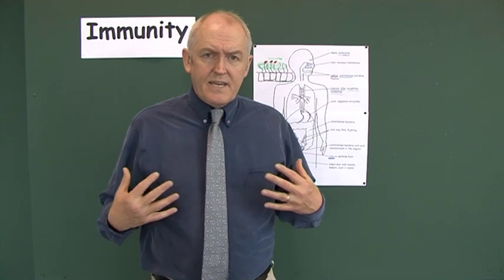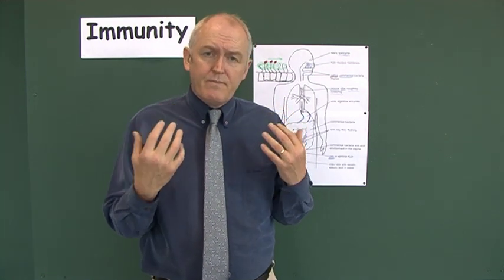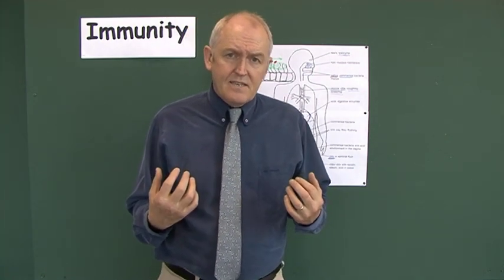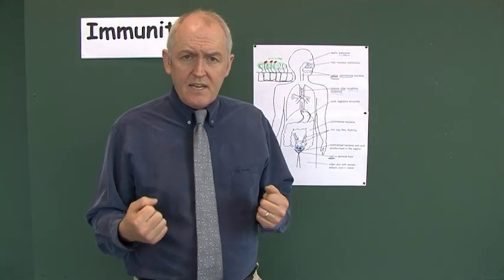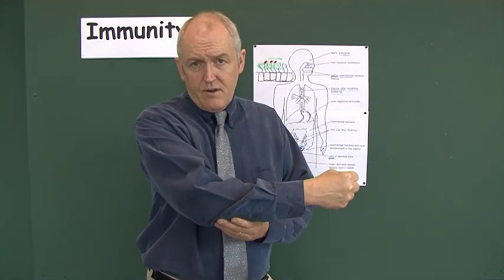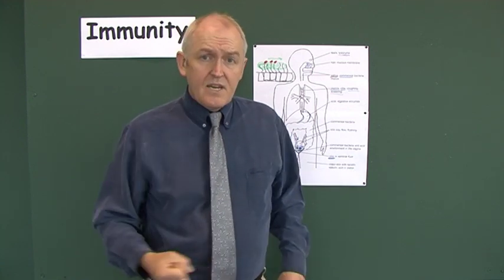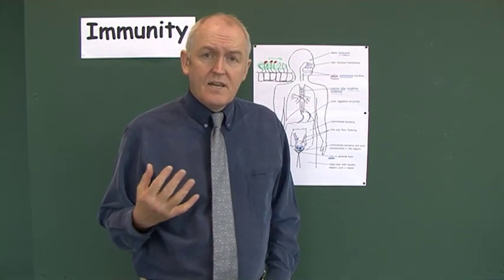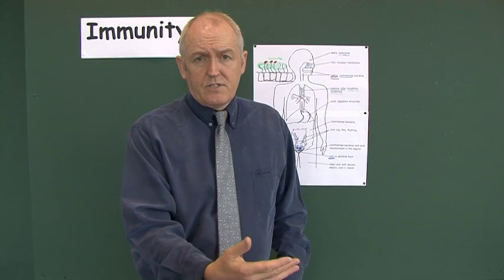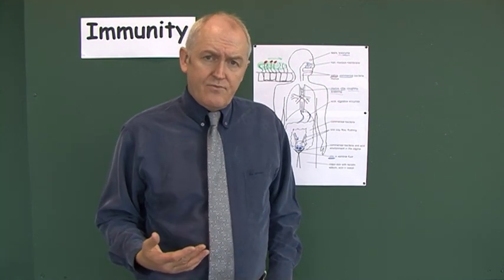And as well as the skin being intact, the mucous membranes that we've talked about also need to be intact. So if there's disruption of the skin, there's an open door for the bacteria and viruses to get through. If there's disruption of the mucous membrane, there's also an open door for the viruses or bacteria to get through.